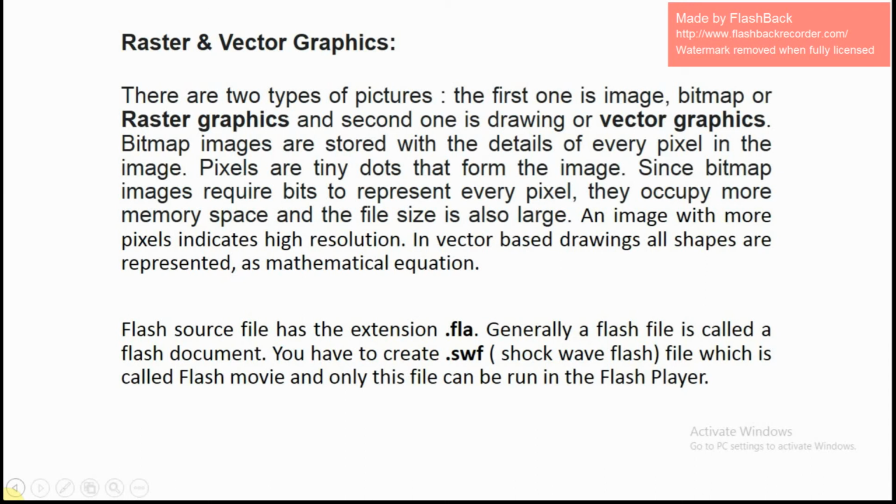Bitmap images are stored with the details of every pixel in the image. Pixels are the tiny dots that form the image. Since bitmap images require bits to represent every pixel, they occupy more memory space and the file size is very large. An image with more pixels indicates high resolution.